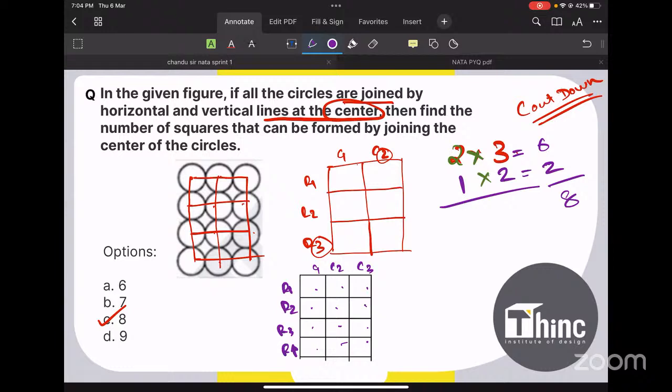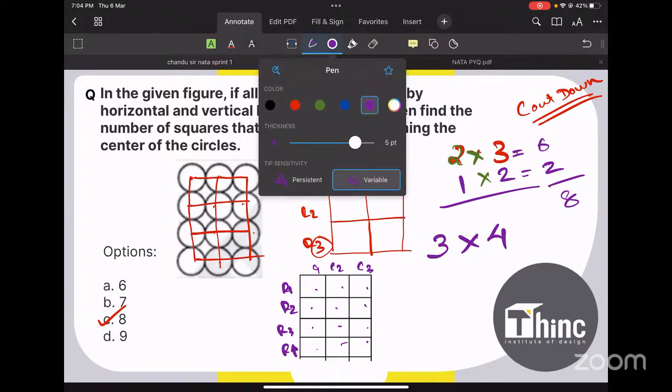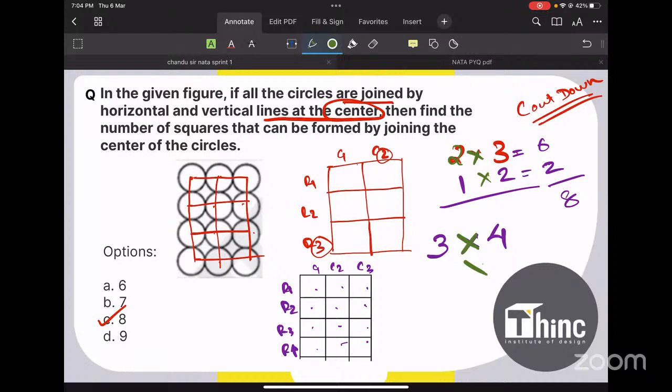Now we can use the countdown method. How many columns? 3 columns. How many rows? 4. What is the smallest number? 3 is the smallest number. So put 1, 2, 3 induce. Now you can use the countdown method like rocket launching: 3, 2, 1.